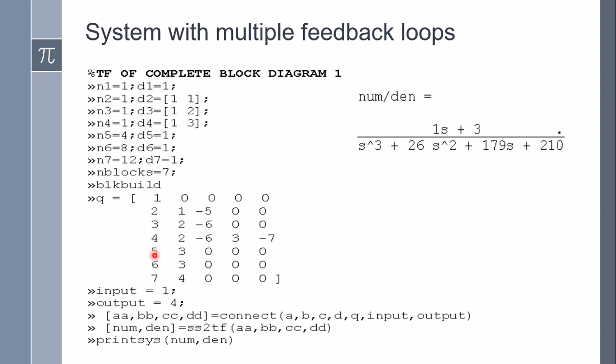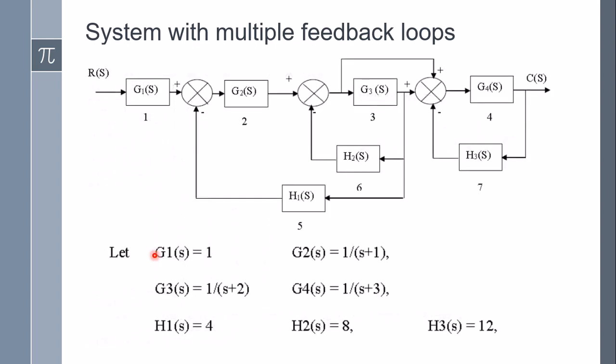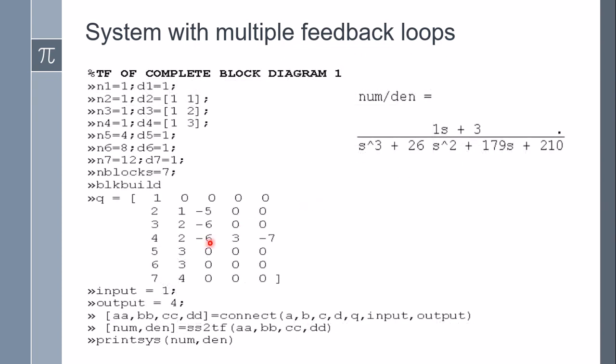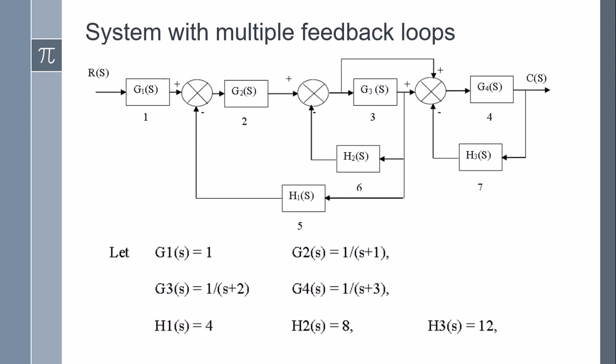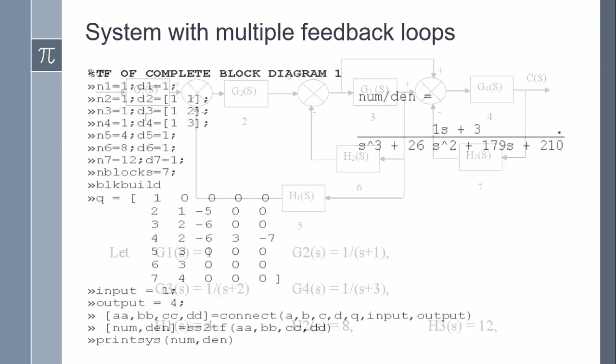And similarly, element 5 is in the feedback path. Element 5 receives its input from the output of block 3. So that's why the representation is 3. Similarly for block 6, the output is from 3. For block 7, the output is from 4.